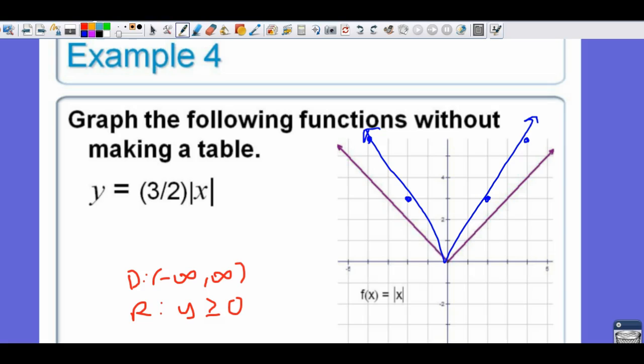Let me mark down your phone. Yes, your homework is the front and the back of the next page.